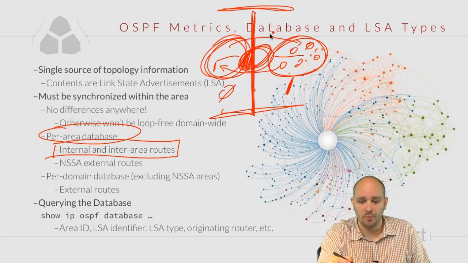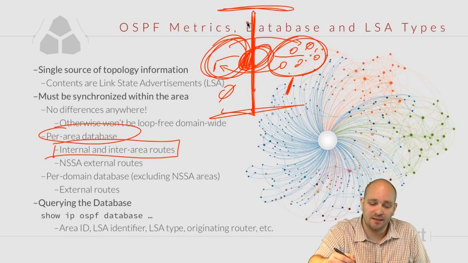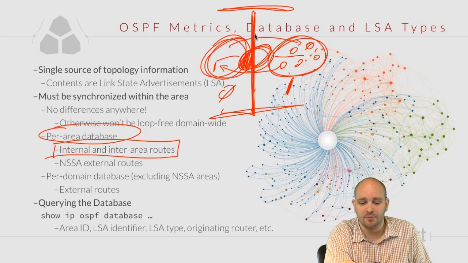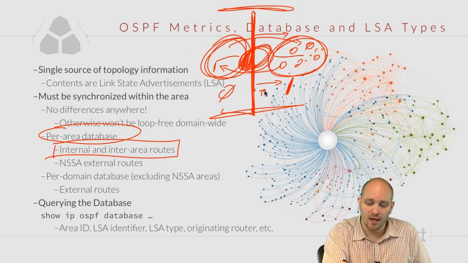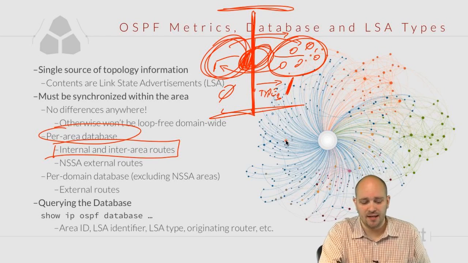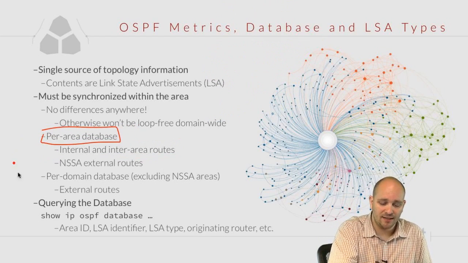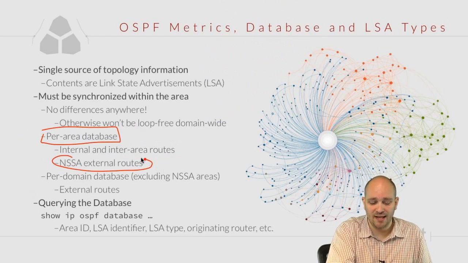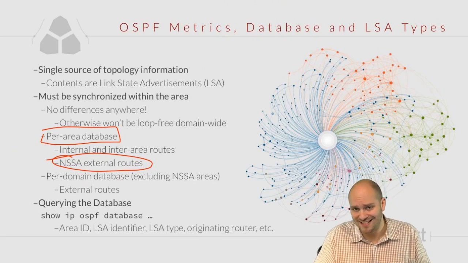All these routers would be aware of all of their links, of all of their LSAs, but they would not know anything about what is happening here except the summarized reachability information that is injected by the ABR. These are our type 3 LSAs, and I will talk about them in great detail. Also, the per area database may contain NSSA external routes in case we are dealing with an NSSA area.